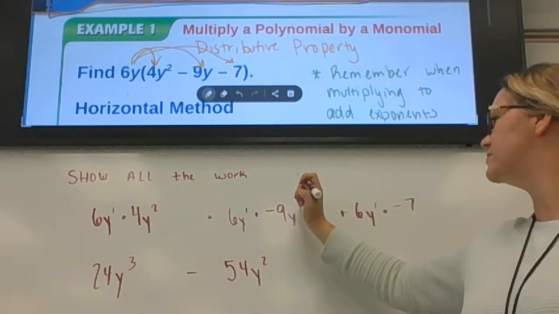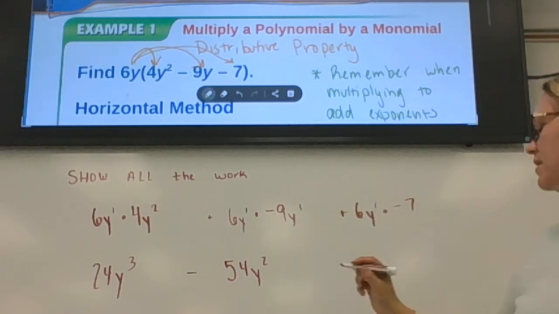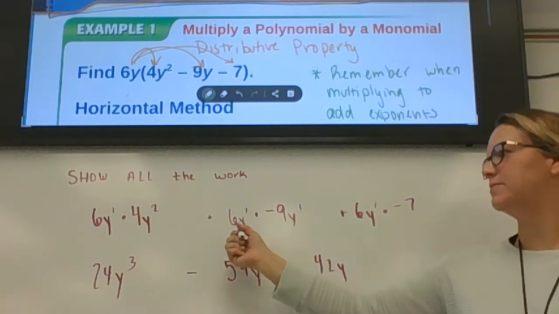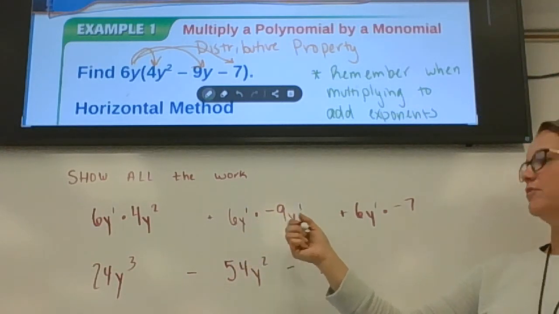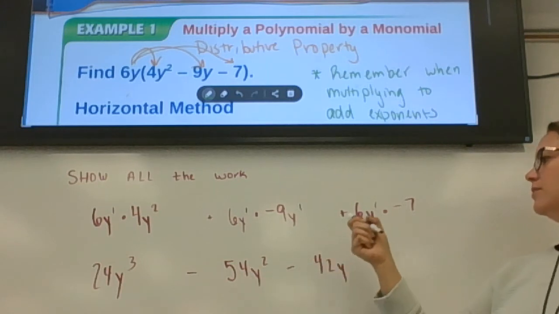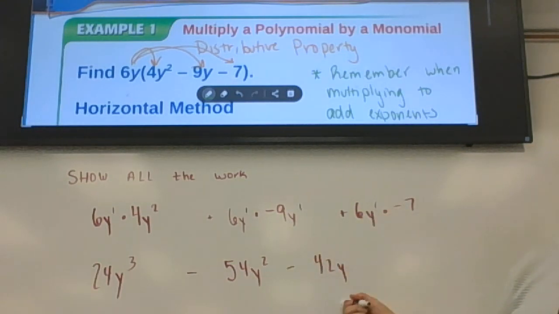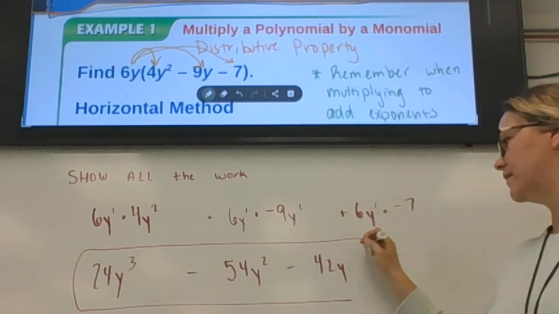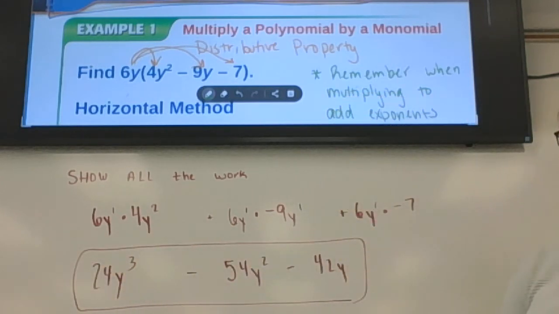These both have invisible ones. Minus 42y. Well, it's just because a positive 6 times a negative 9 would end up negative. Positive 6 times negative 7 would end up negative. That's it. Distributive property.